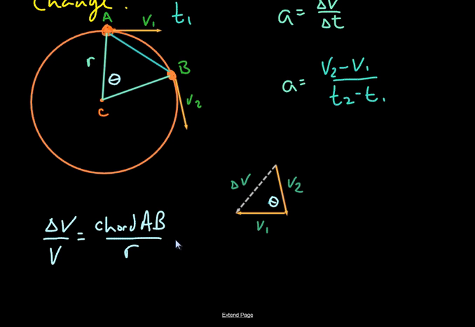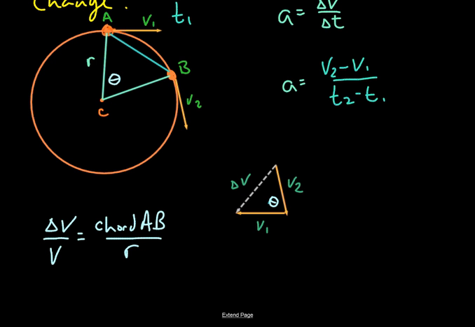Do you agree with me? This is chord AB, and this is delta v, and they are corresponding sides of this triangle. These theta values are the same, and you're going to have to trust me on that. I don't really want to go through all the geometry to prove that that's true.